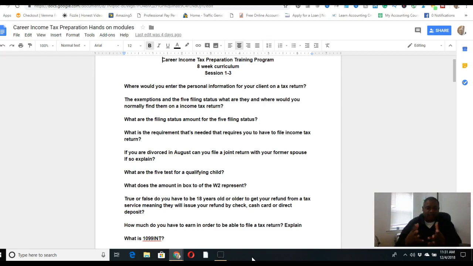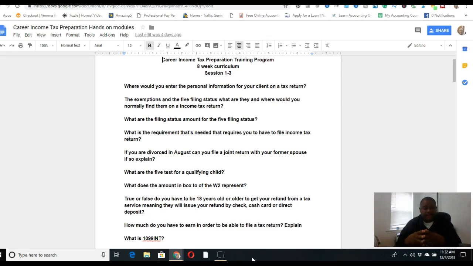So for example, where would you enter the personal information for your client on the tax return? Well, we basically know on a 1040 sheet, the first page that says personal information is where the personal information will go. So the 1040 is broken down into sections, so it speaks for itself on where you would put personal information when it comes to answering that question.